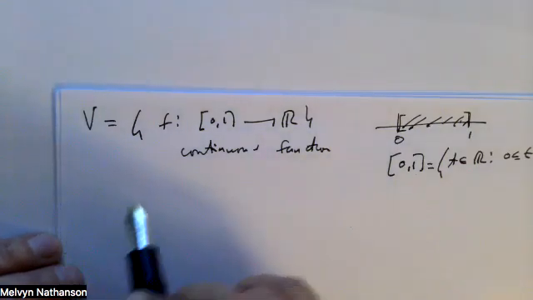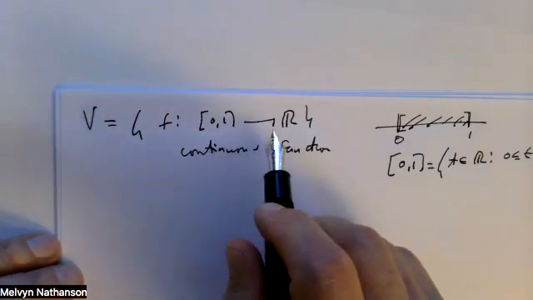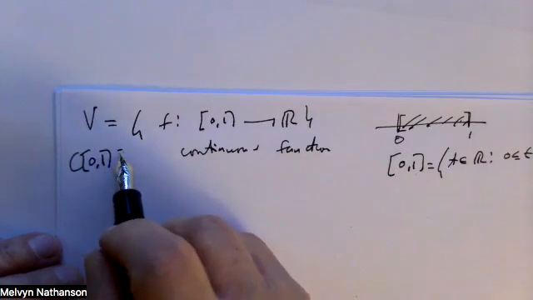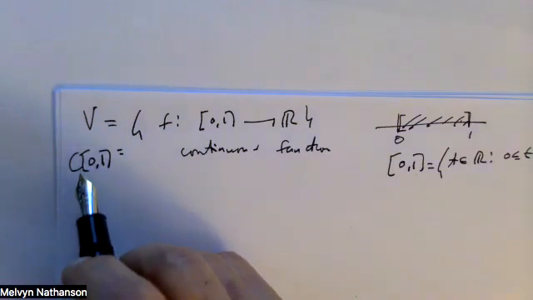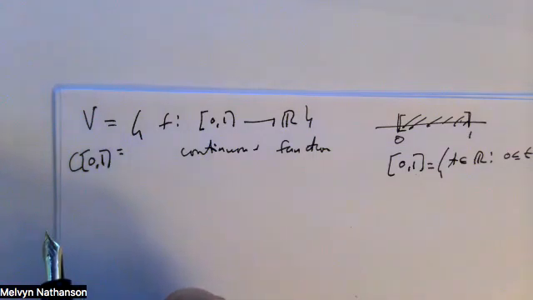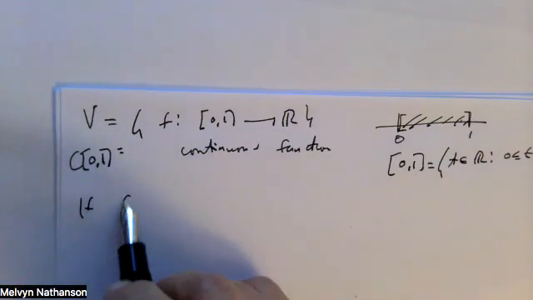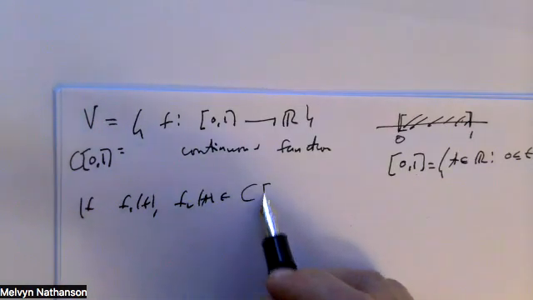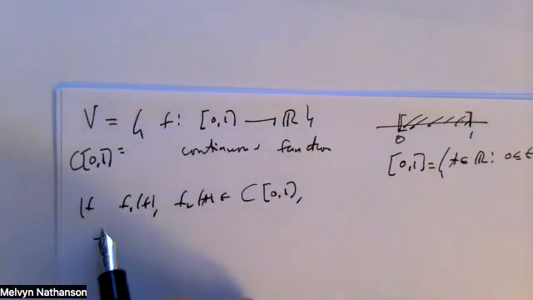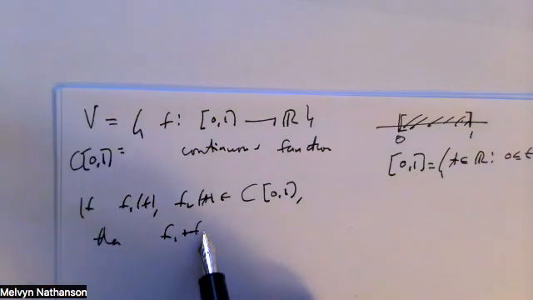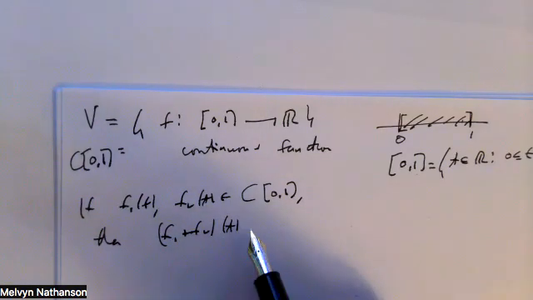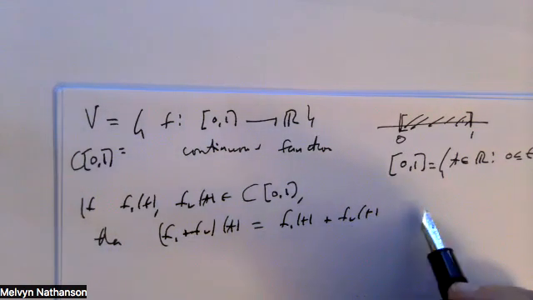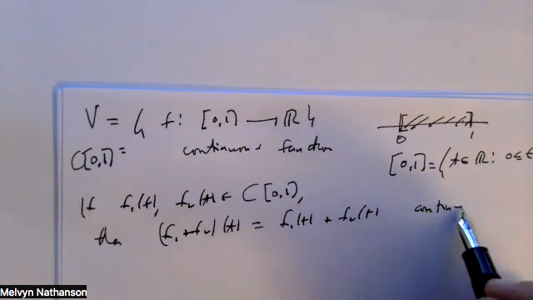And if we look at all continuous real valued functions, that's a vector space, which I'll write as C[0, 1]. C stands for continuous, and [0, 1] means the interval from 0 to 1. And if f1 of t, f2 of t are continuous functions on [0, 1], then f1 plus f2, we define the sum of these functions to be f1 of t plus f2 of t. And this is also continuous.